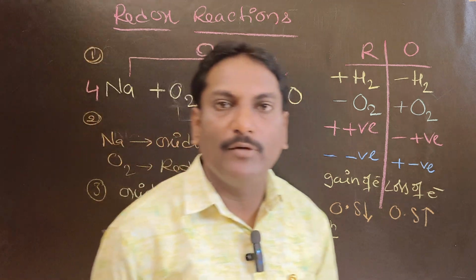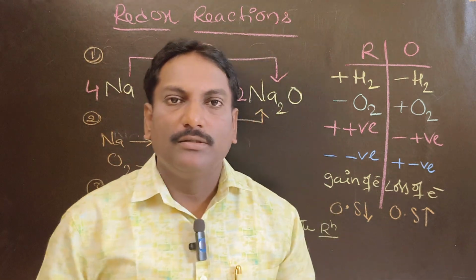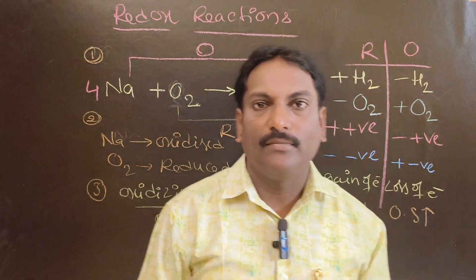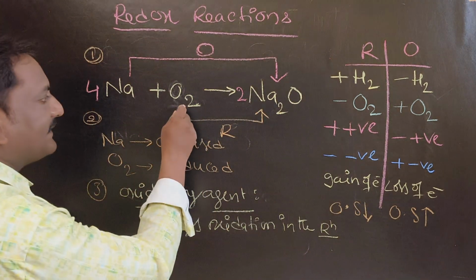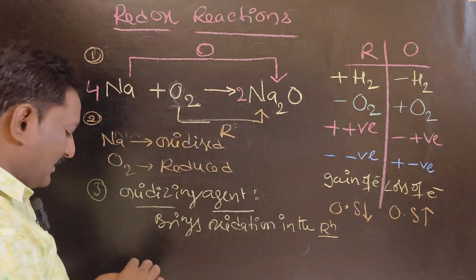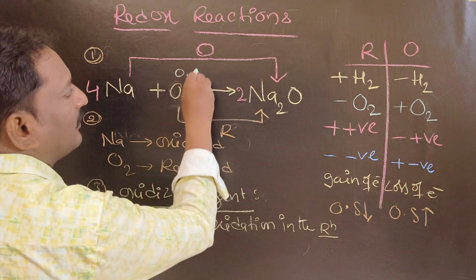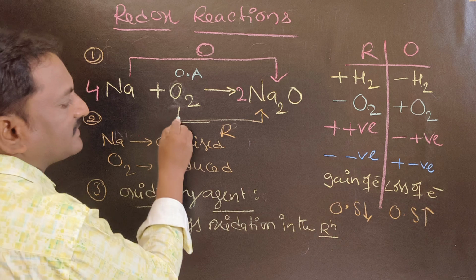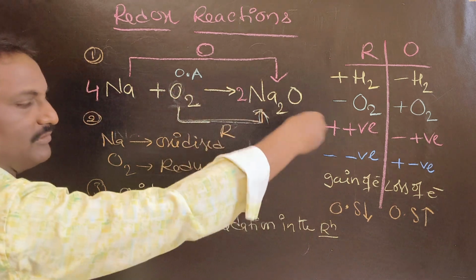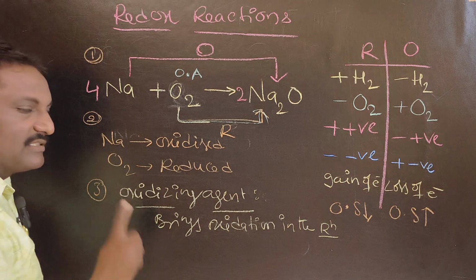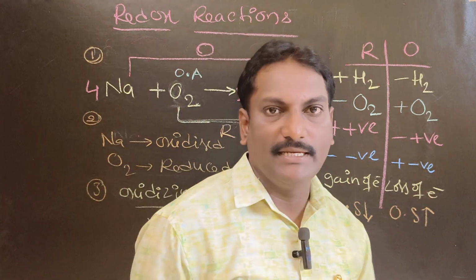One more important point I would like to say. Oxidizing agent itself undergoes reduction. Here oxygen is acting as oxidizing agent. Oxidizing agent itself undergoes reduction, right? So this is the definition for oxidizing agent.